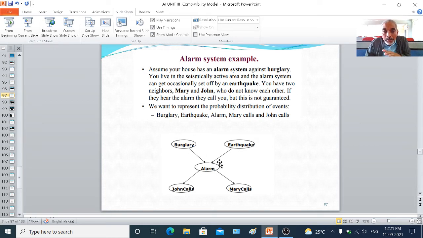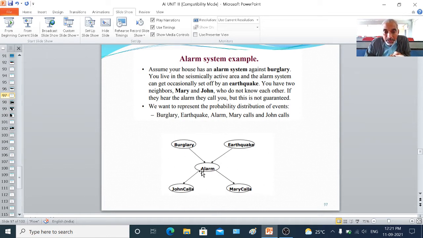And if the alarm happens, there are two neighbors, because you have informed these two persons. If the alarm happens, either John may make a call and inform you, or Mary may make a call and inform you, or both can call, depending on that particular moment of time. This is how we draw a semantic network.